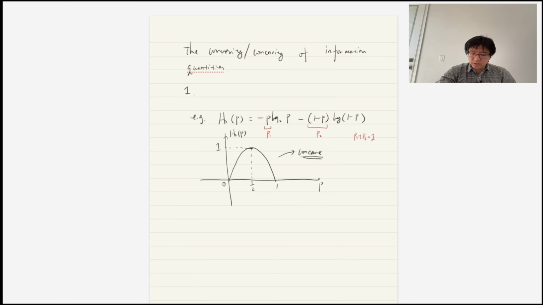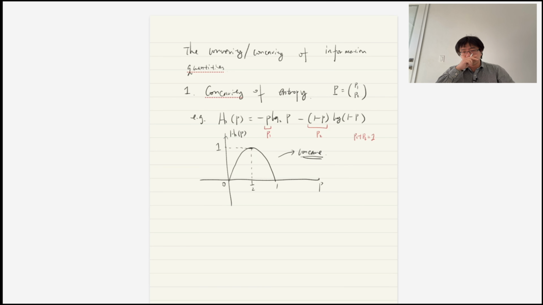So we can generalize that. The entropy function is always concave, so we need to prove the concavity of entropy. Here we use this notation to denote a vector, basically a vector of P1 and P2.